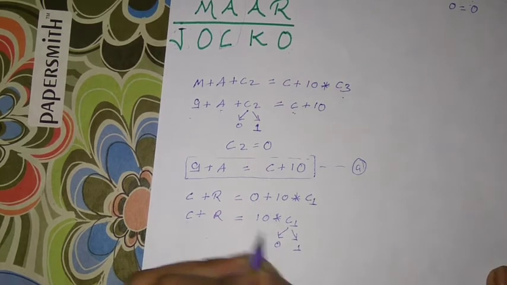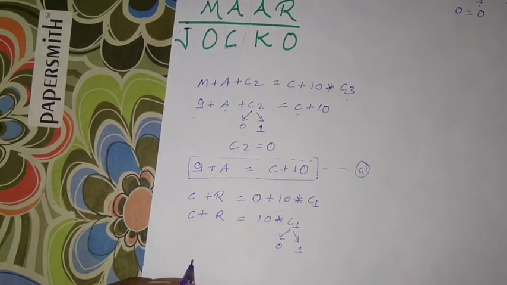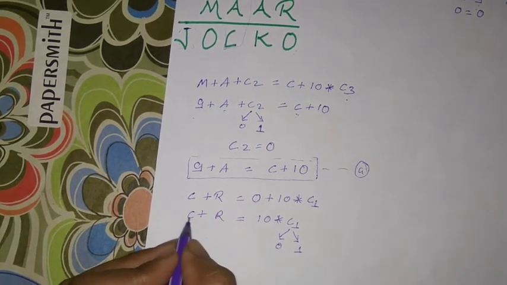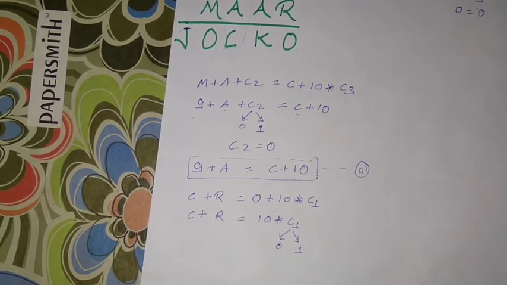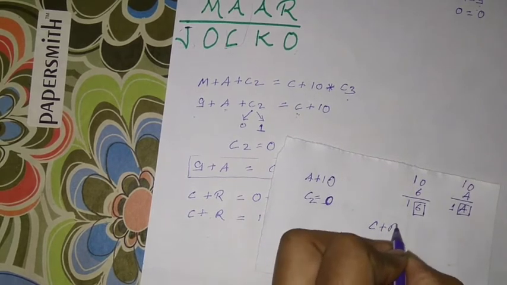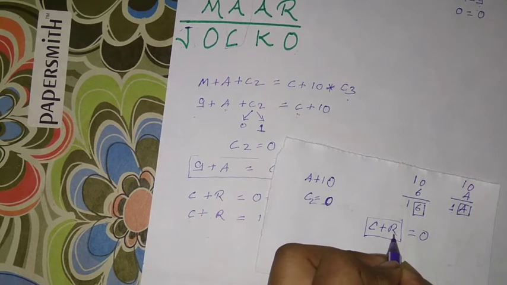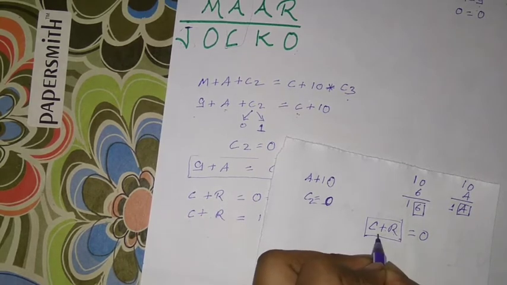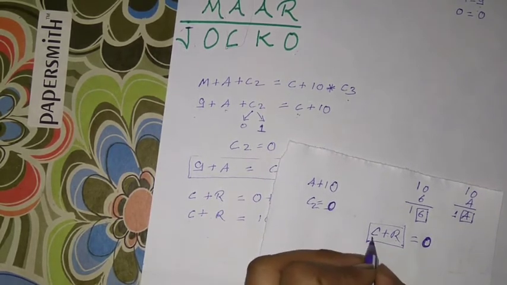If we take the value of C1 equal to 0, then we get C plus R equal to 0, but this is not possible, because no combination of C and R adds up to 0.